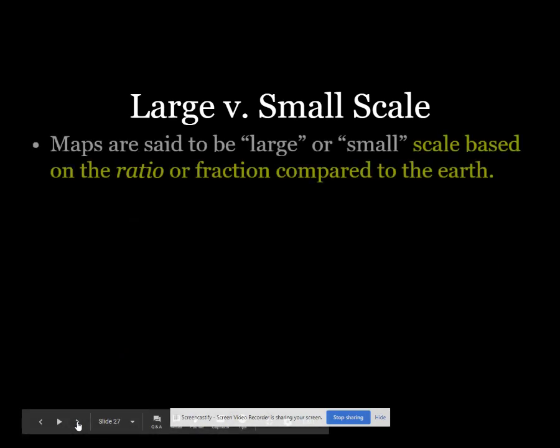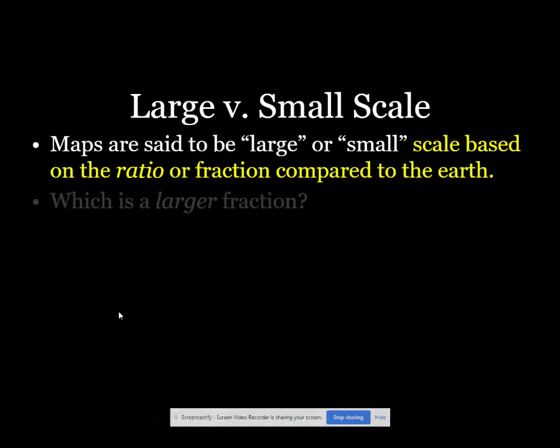Now let's talk a little bit about large scale and small scale. On the top of page 11, you have 2 boxes, and you're going to have 2 yellow statements to write. Maps are said to be large or small scale based on the ratio or fraction compared to the Earth. So what math did we do to get from the globe to the actual map?